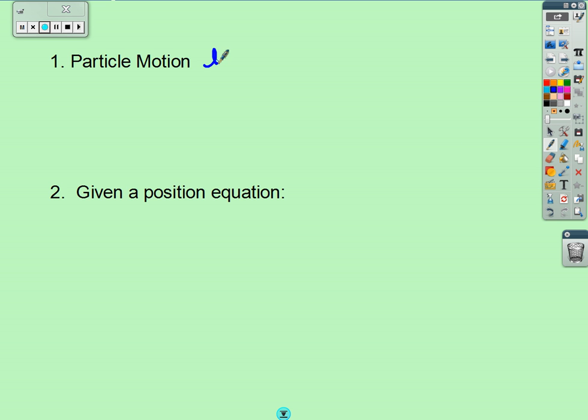Particle motion is linear motion of an object, and it's basically the motion of an object along a line. So it could be, for example, a bug walking along a fence, and that would be in the horizontal direction.